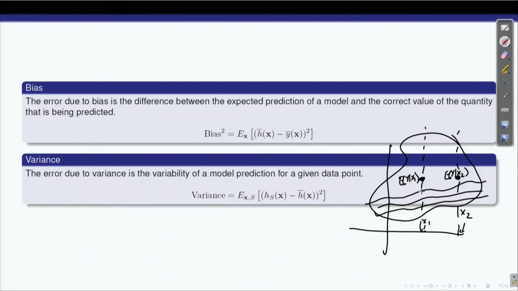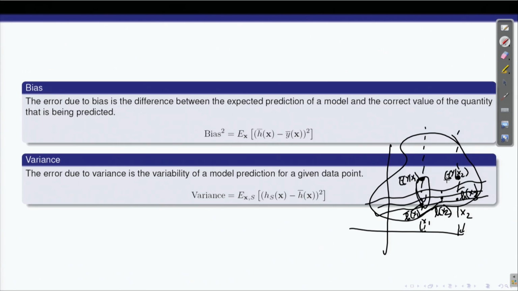Now, on this line, let us say this becomes the average of these three. On this line, this becomes the average. On this line, this becomes the average. So, these are h bar x1, this is h bar x2, this is h bar x3.